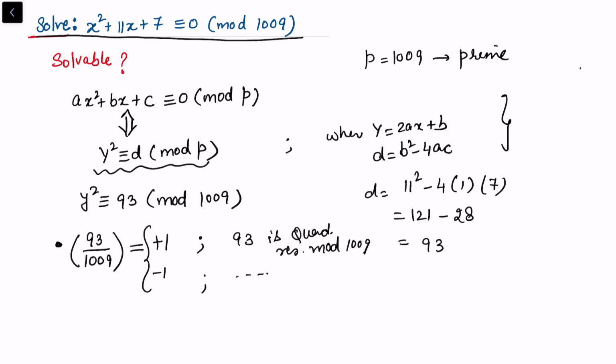Otherwise, 93 is a quadratic non-residue, and so this is not solvable. So first let us check what the symbol value is. If this is plus 1, only then we'll try to see what the solution is, for what x we can find the solution. But if this turns out to be minus 1, this is not solvable.